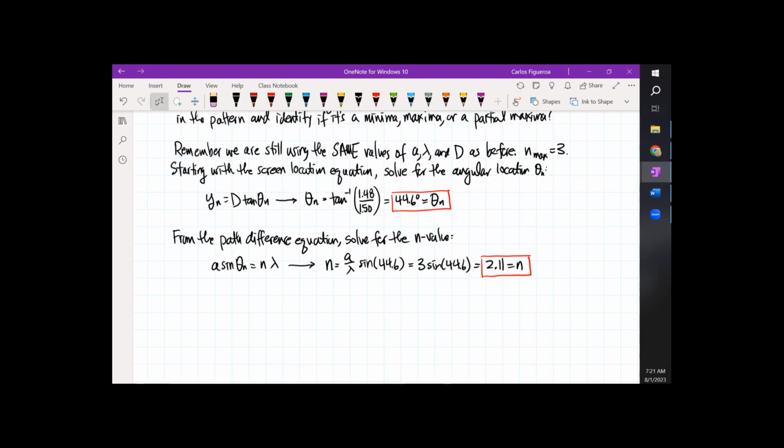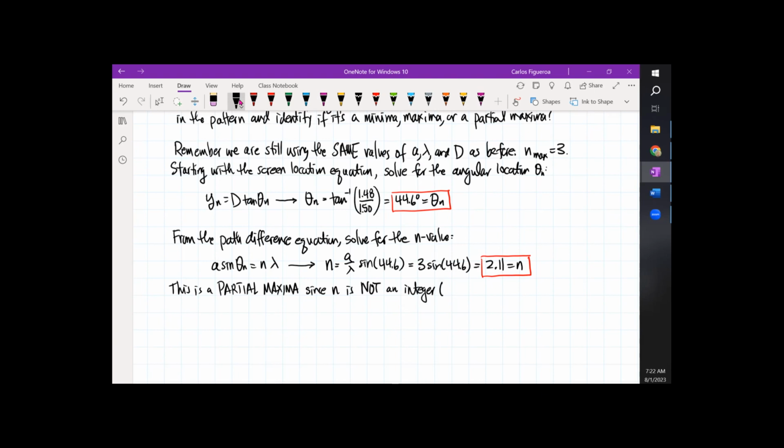So what we're seeing here is that this is a partial maxima since n is not an integer.